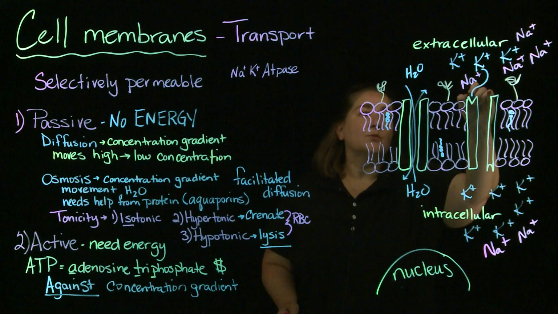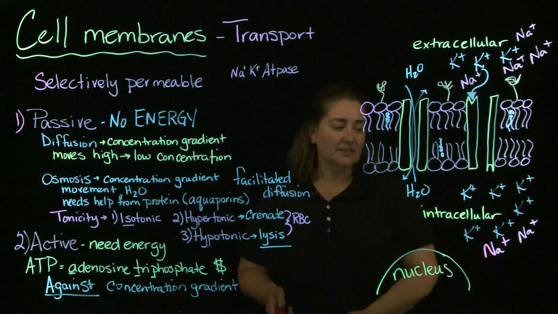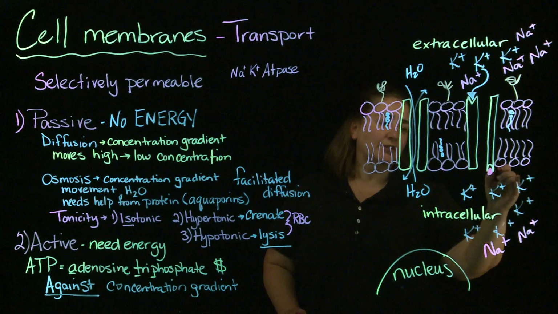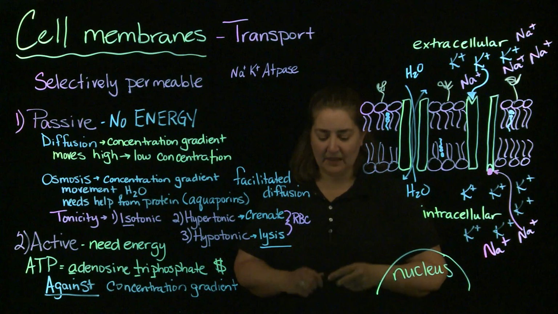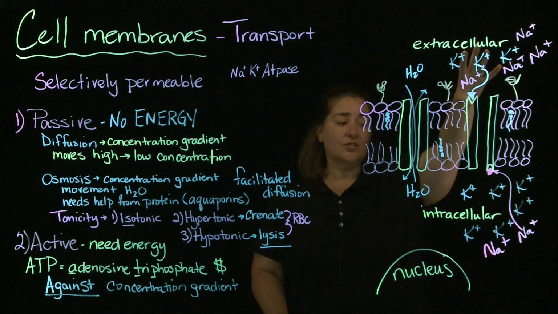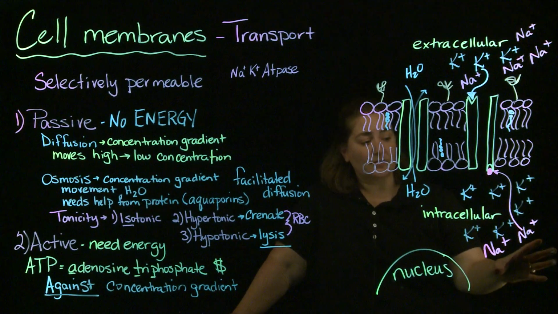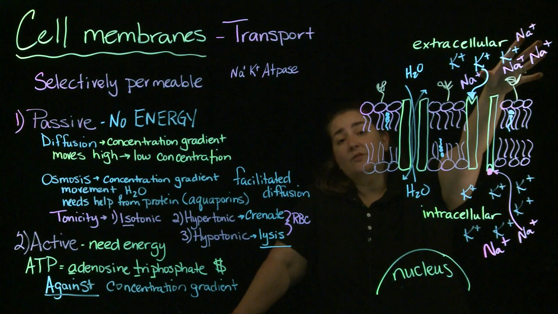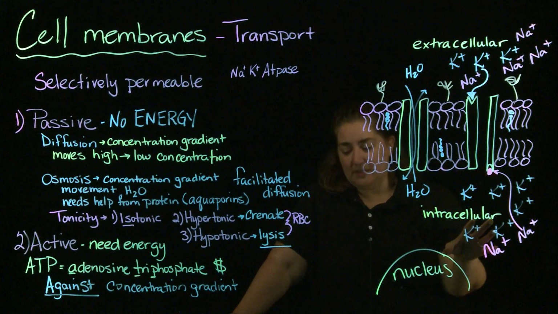So in this case, we're going to take potassium and we want to move it into the cell. We'll make sodium the circle here, like that. And what we're going to do is move it against the concentration gradient. All right? We've got more sodium outside than we do inside, but that pump now is going to move even more sodium out of the cell, more potassium in.